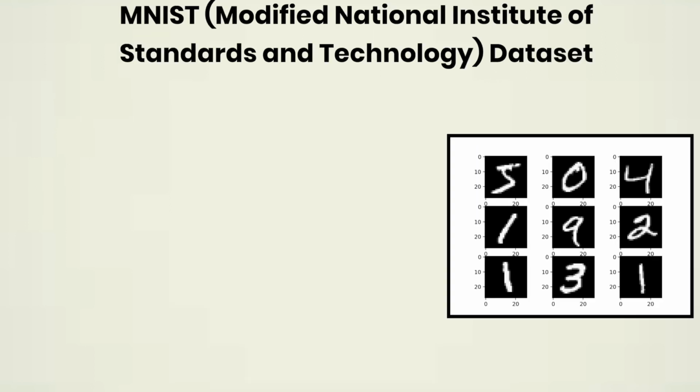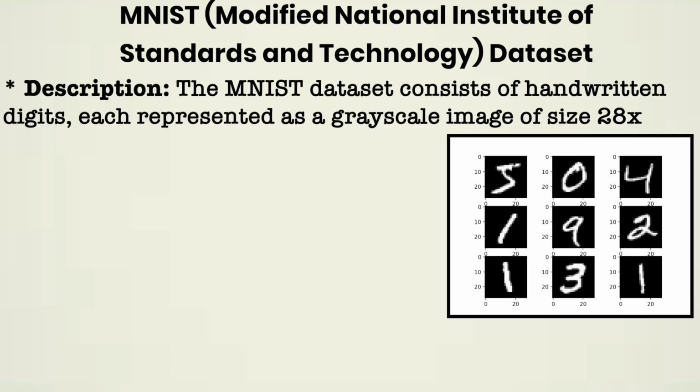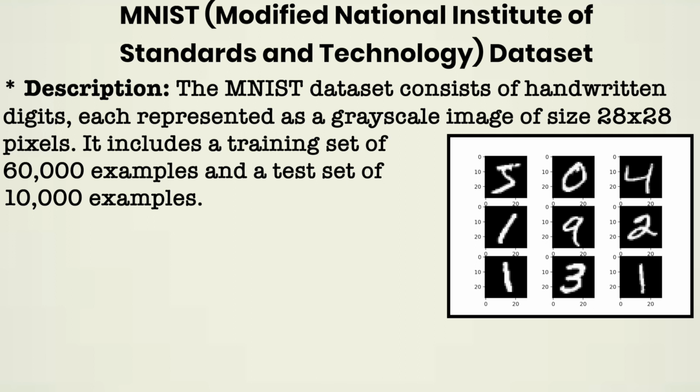MNIST, that is Modified National Institute of Standards and Technology dataset. What is it? It is a dataset consisting of handwritten digits, each represented as a grayscale image of size 28 by 28 pixels.